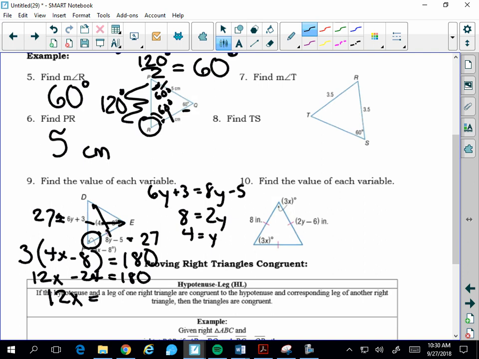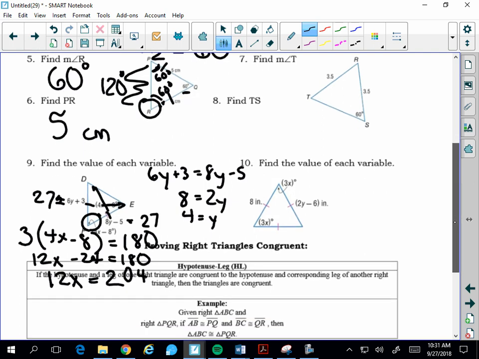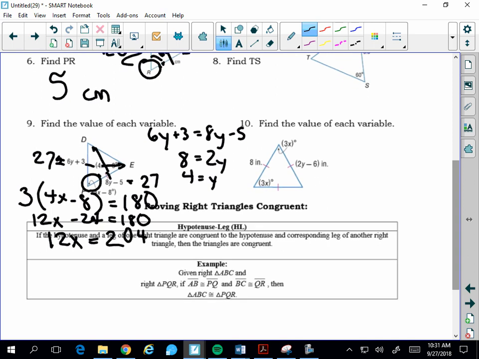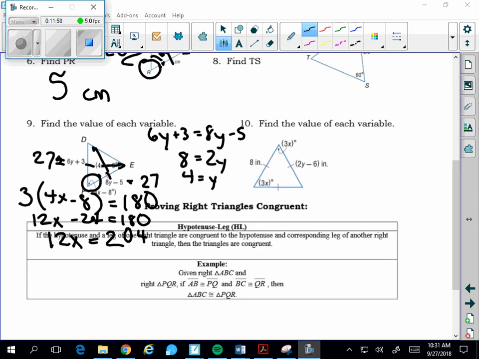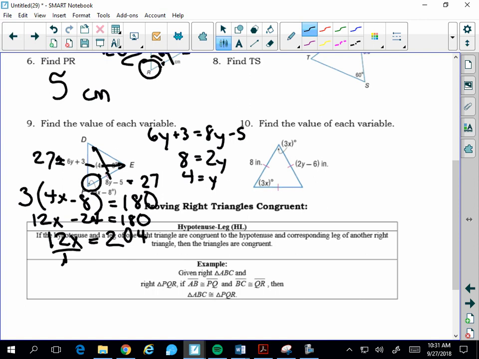I'm going to add 24 to both sides, so I'll get 204. And then I'm going to divide by 12 on both sides. So I get x equals 17. So y equals 4, and x equals 17 here.